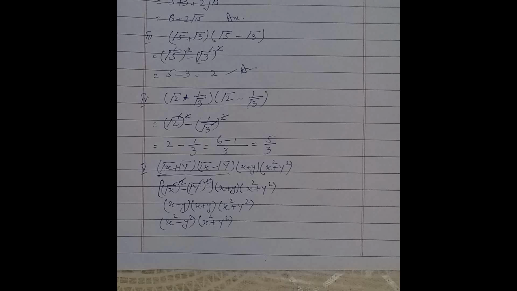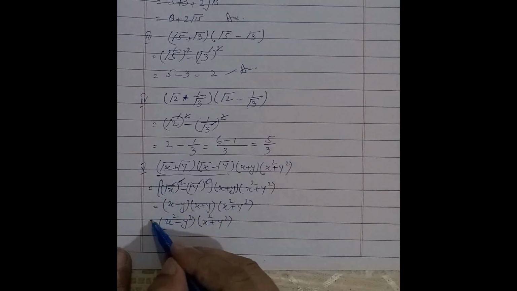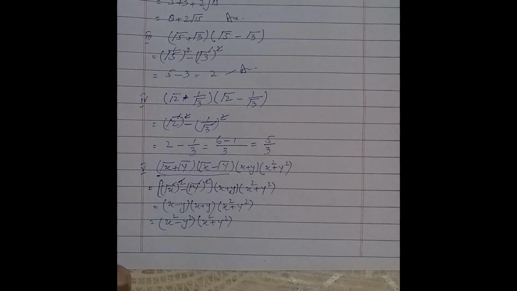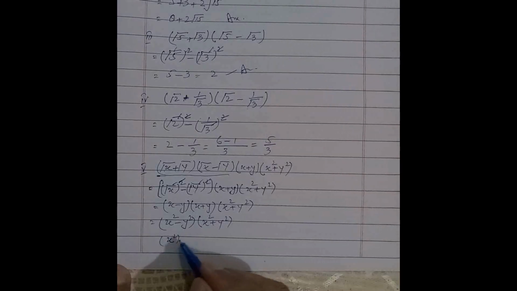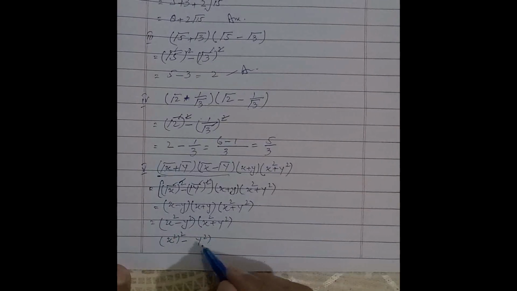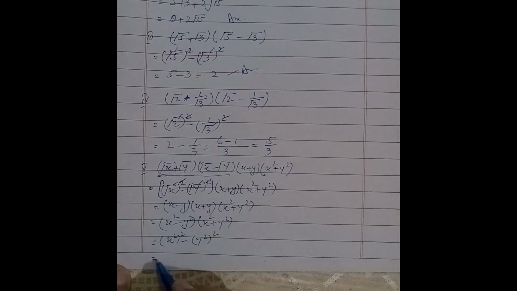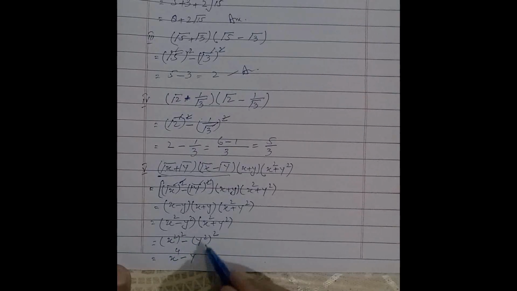And now we apply again the same formula, (a plus b) into (a minus b), a square minus b square: (x square) whole square minus (y square) whole square. The answer is powers multiply. x power 2 2s are 4 minus y power 2 2s are 4.